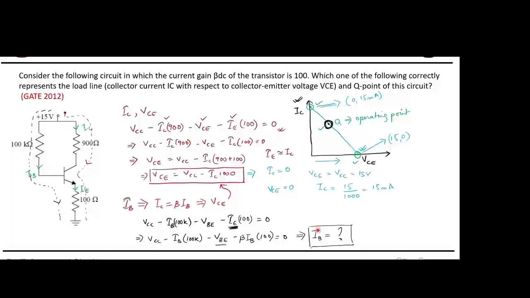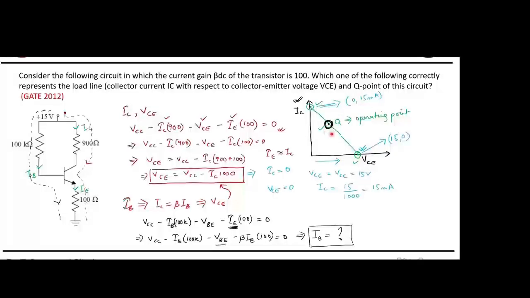Yes, sir. After solving IB, can you get IC using this formula? Yes, sir. Then using IC, by using this formula, can you get VCE? Yes, sir. That particular IC and VCE is this point.